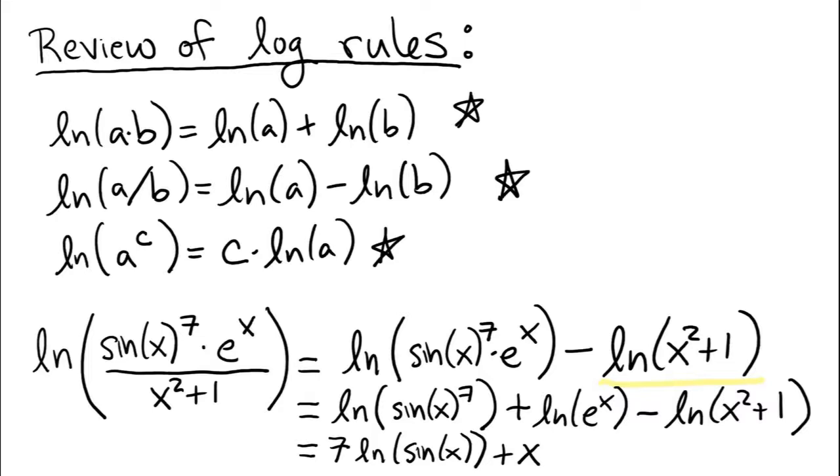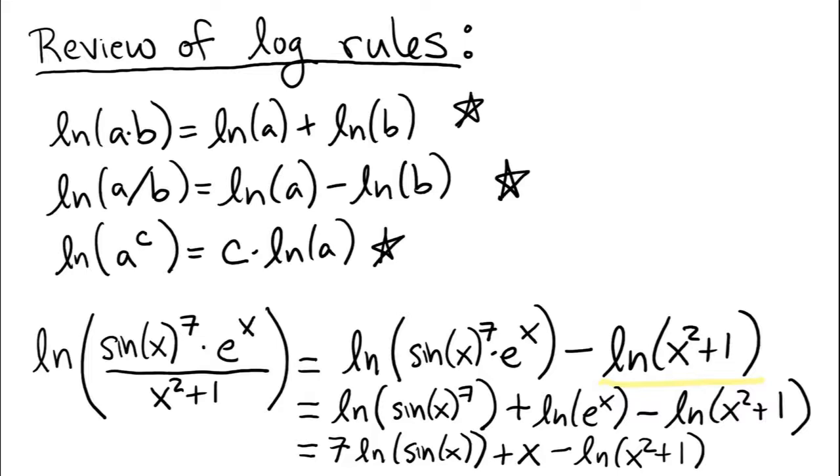Or you could just remember right away that ln and e to the x are inverse functions, so they give you the identity function x when you compose them. Either way, this second term simplifies to x, and that third term is just coming along for the ride. That was the expression that we got in step 1 of the last video.